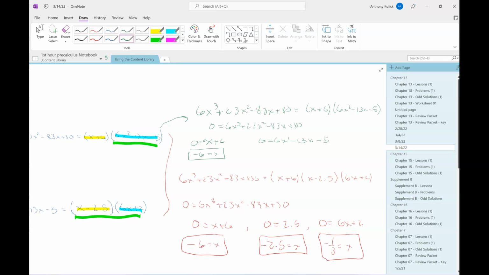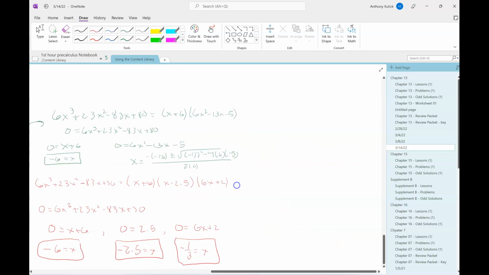The quadratic formula, which is probably what I would do in this case, since the factoring method I have to use is the long one. So again, the quadratic formula, x equals negative b plus or minus the square root b squared minus 4ac all over 2 times a.